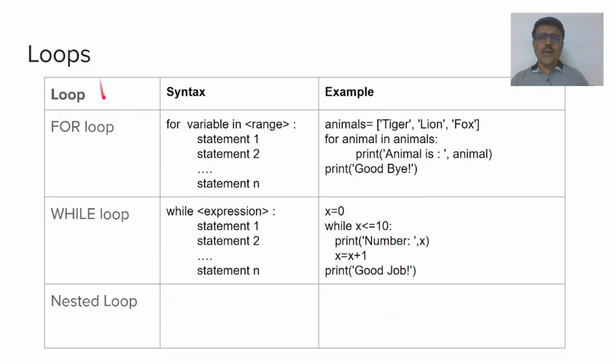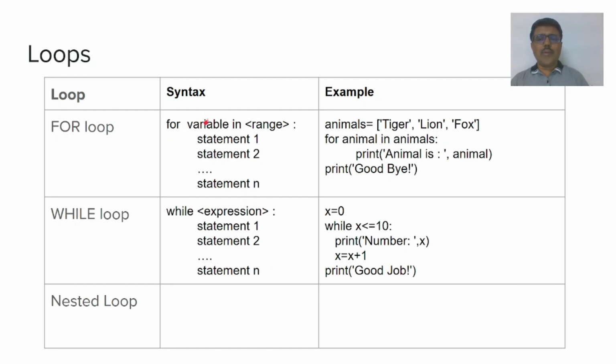Now, this is the quick syntax of how the for loop and while loops are written in Python. Anyway, we'll be doing that exercise, but just to understand the structure of the loops, it is very straightforward. You will just have the keyword for, and you assign a variable to it.